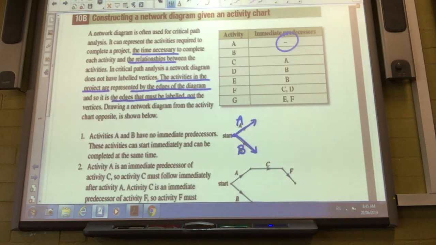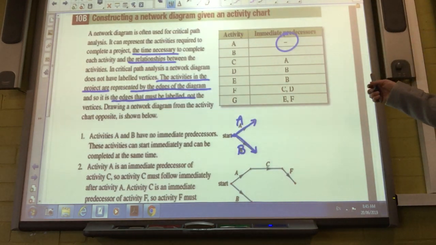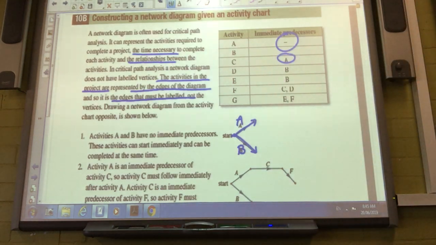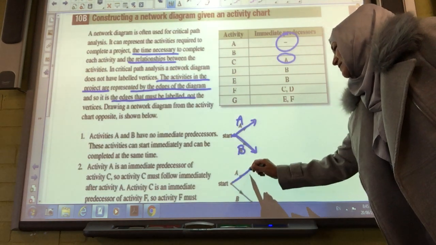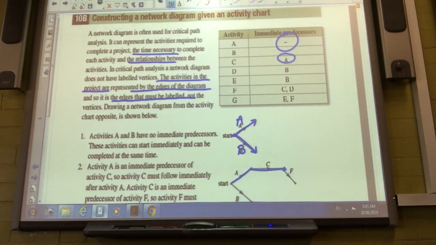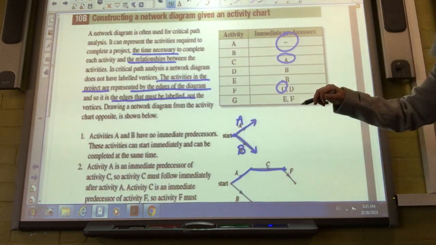All right, C is after A. So C has A as a predecessor. From A, you're going to C. Now, how do we get on from C? C is a predecessor of what?